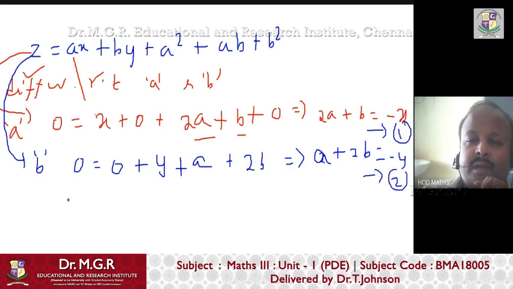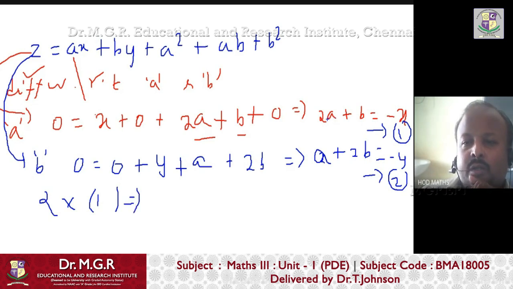Now I want to multiply equation 1 by 2. Then 2 into 2a becomes 4a, 2 into b becomes 2b, and minus x becomes minus 2x.